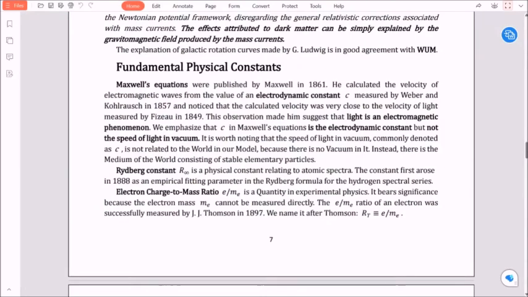It bears significance because the electron mass cannot be measured directly. The e/me ratio of an electron was successfully measured by Thomson in 1897. We name it after Thomson, RT.